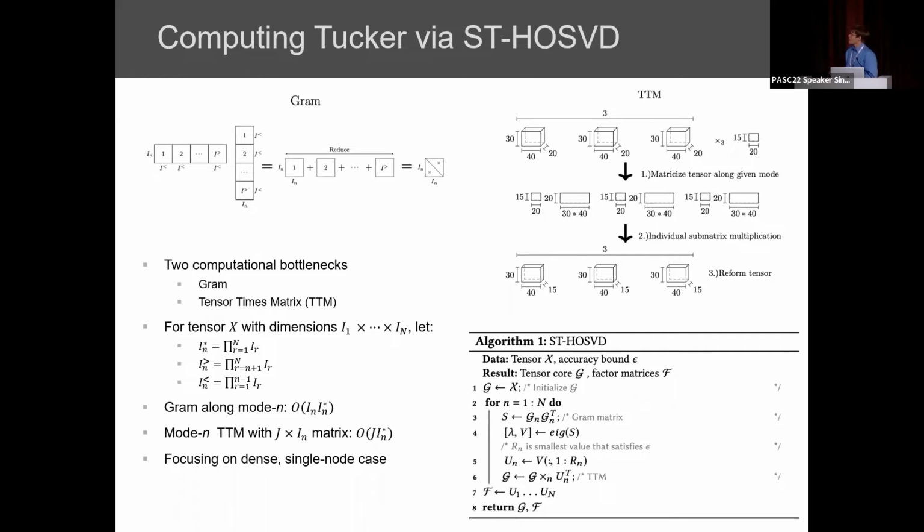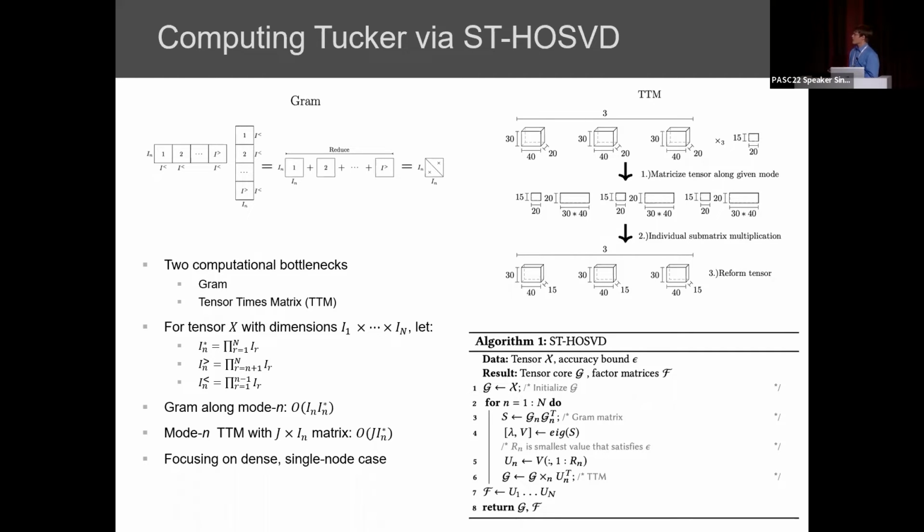We'll then multiply each submatrix by its transpose to yield an I_n by I_n symmetric matrix, and then we will take all of these and reduce them together in order to form our I_n by I_n symmetric gram matrix.